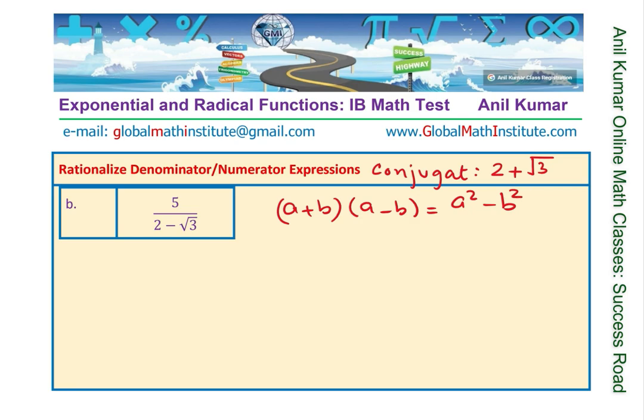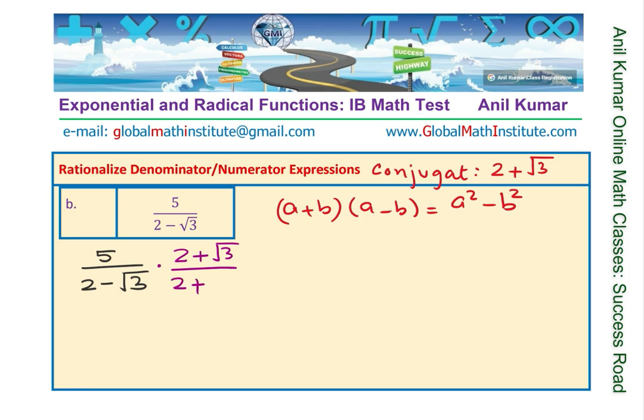That is the concept known to you. So we have the expression given to us as 5 over 2 minus square root 3. As you know, rationalize means multiply and divide by the conjugate, which is going to be 2 plus square root 3.